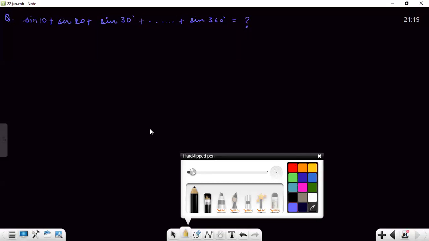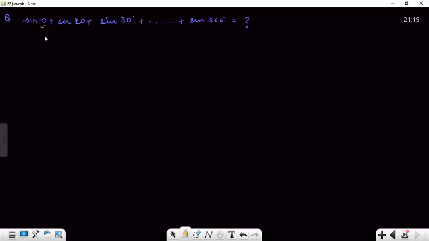If we observe keenly, the angles have a common difference of 10, hence they are in arithmetic progression, with the first term being 10 degrees and the common difference beta also 10 degrees. The last term is 360 degrees. So this is the 36th term.